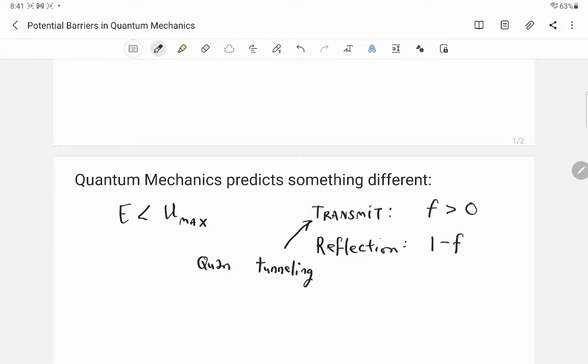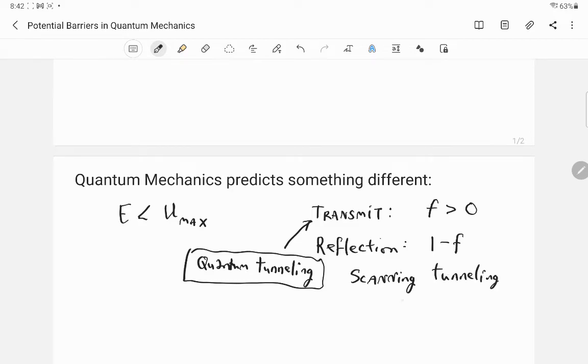Sometimes you dress it up by saying it's quantum tunneling. And this is the idea behind a couple of pieces of technology, including the scanning tunneling electron microscope, abbreviated STM, scanning tunneling microscope.